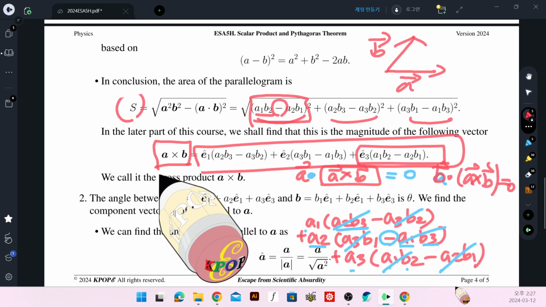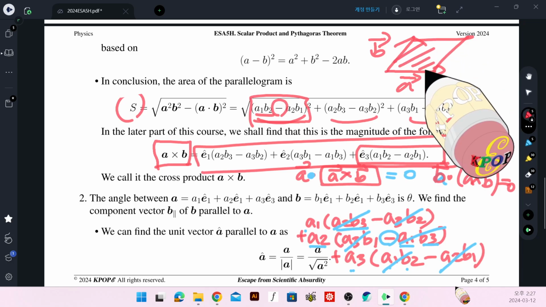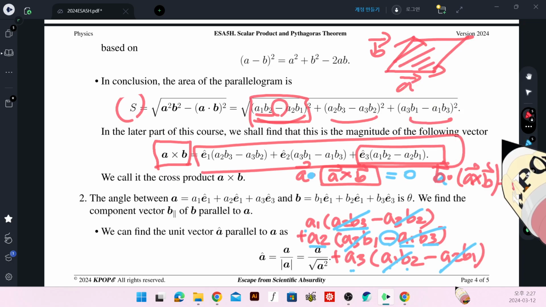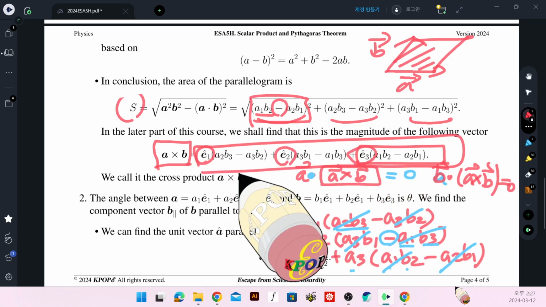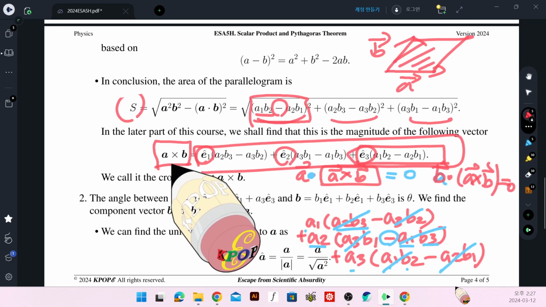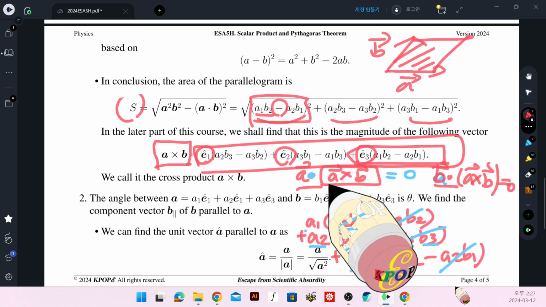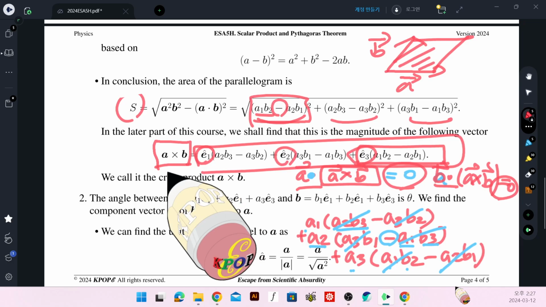And the magnitude is nothing but A times B times sine theta, where theta is the angle between the two vectors. And the direction of the vector represented by the cross product A cross B is always perpendicular to both A and B.